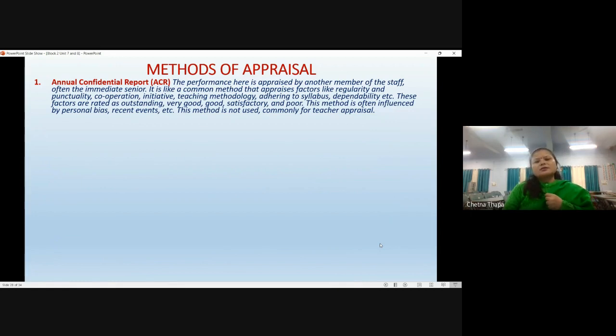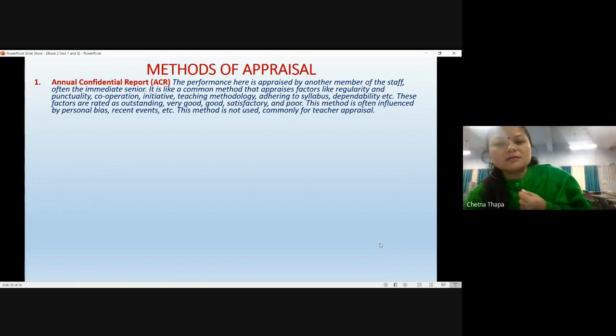The common method includes various factors, like regularity, how punctual he is, how cooperative he is, how the individual takes initiatives, what are his teaching methodologies, is he adhering to the syllabus, how dependable he is. All these factors are rated on a five point rating scale that might be outstanding, very good, good, satisfactory, and poor.